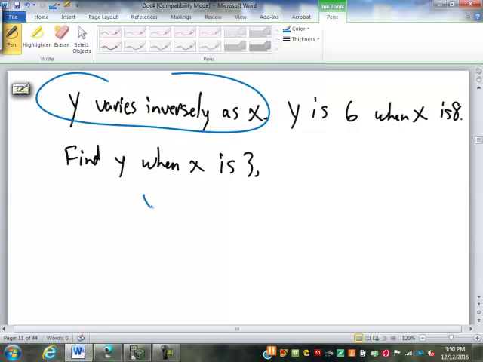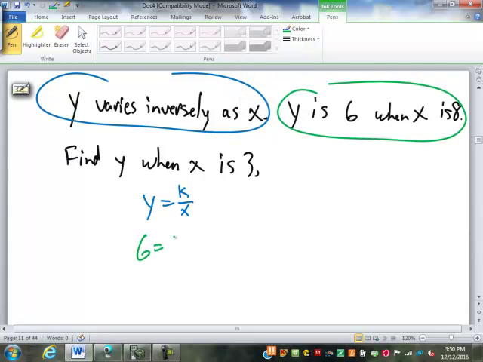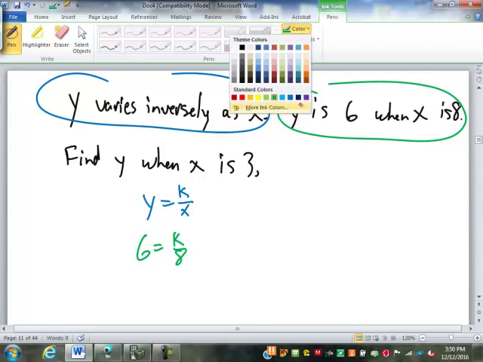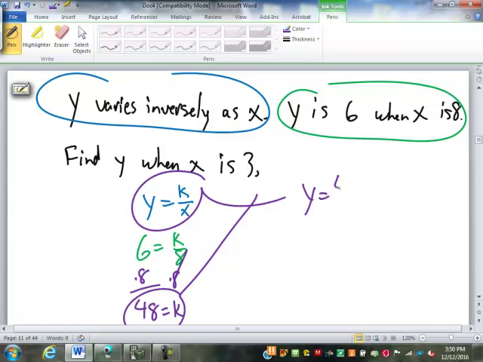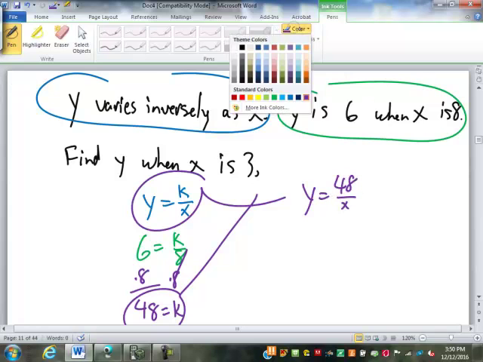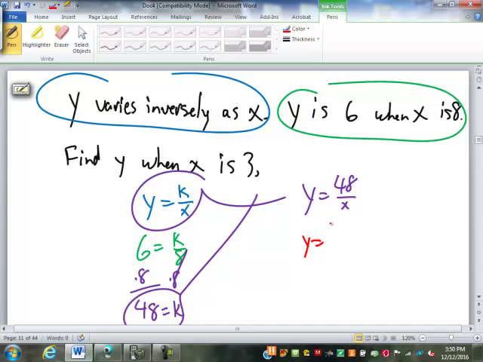So y varies inversely with x. Y is 6 when x is 8 gives us 48 equals k. So y equals 48 over x. So when x is 3, what's y have to be? 16. Good.